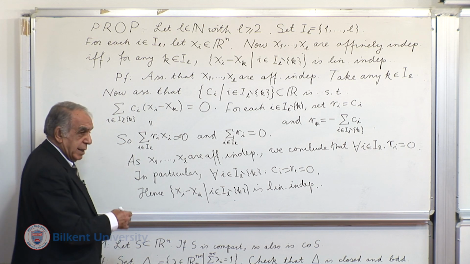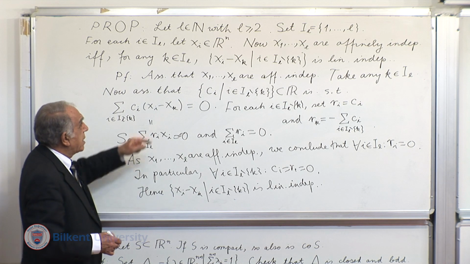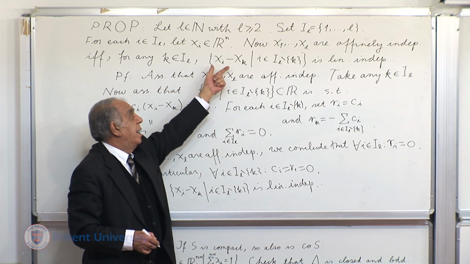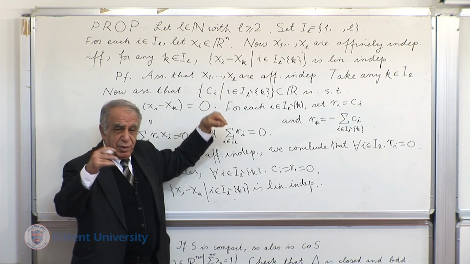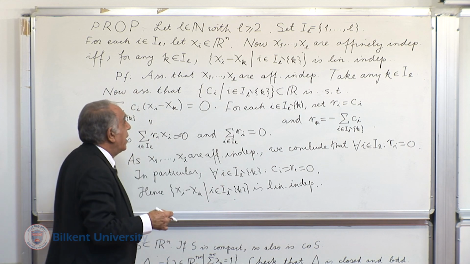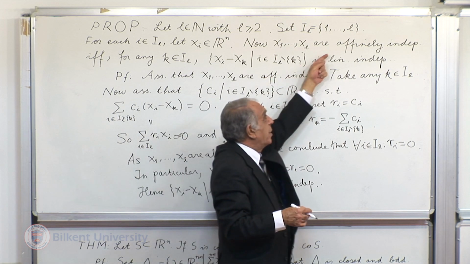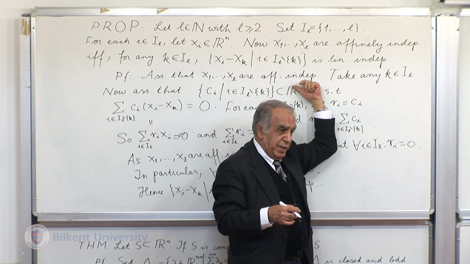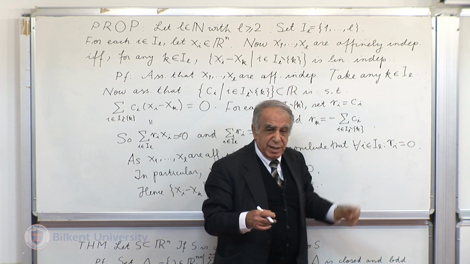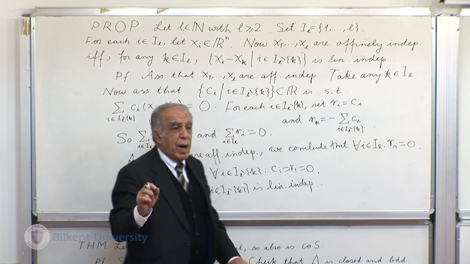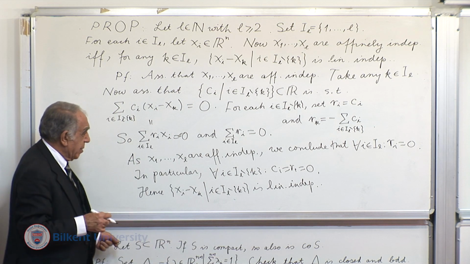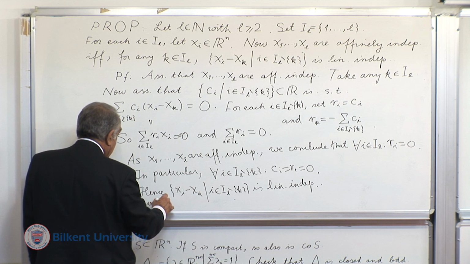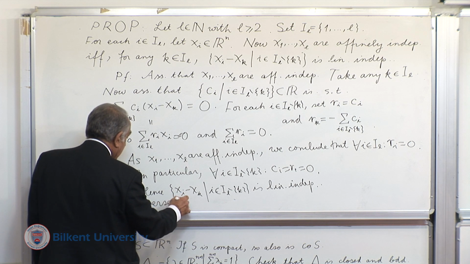Now the if part is similar. This time you start with coefficients for affine independence, then you produce coefficients for linear independence for the set where one of the L vectors is missing. Converse is similar and left as an exercise.